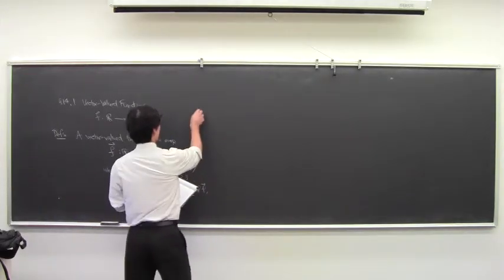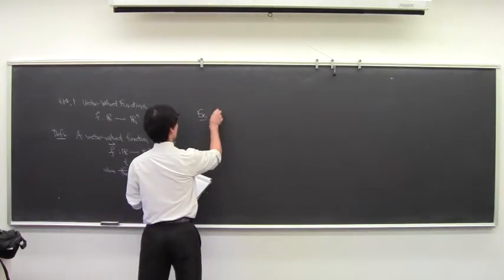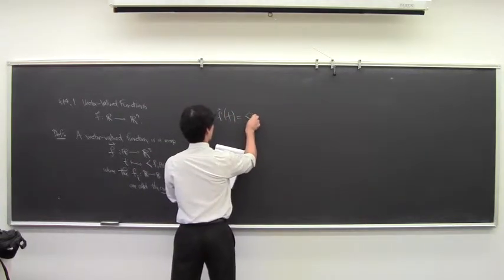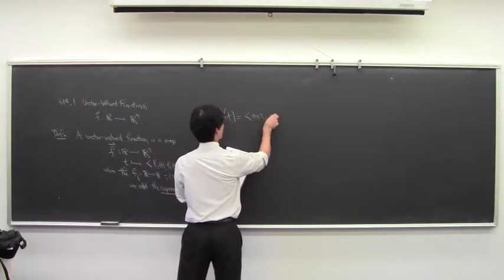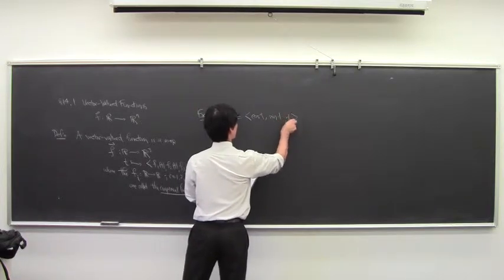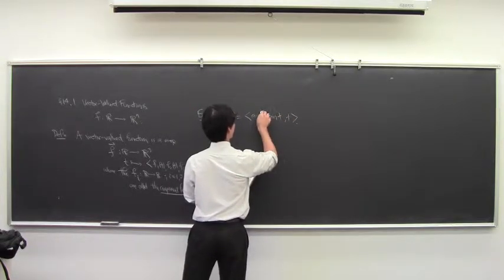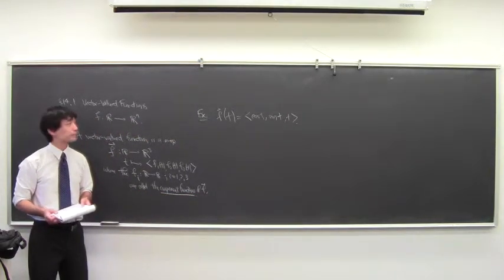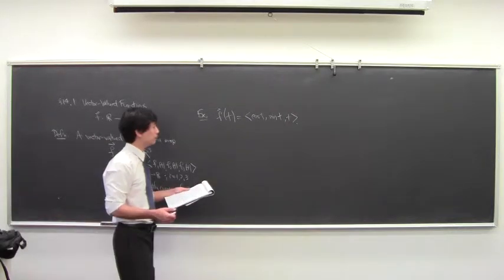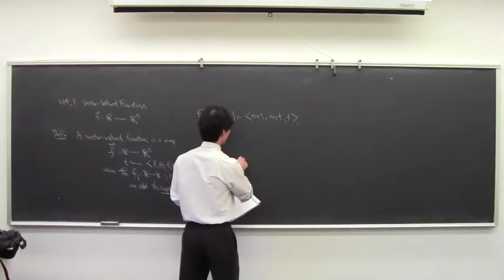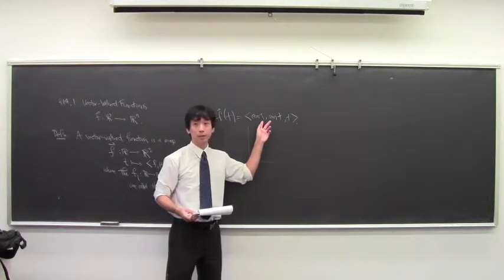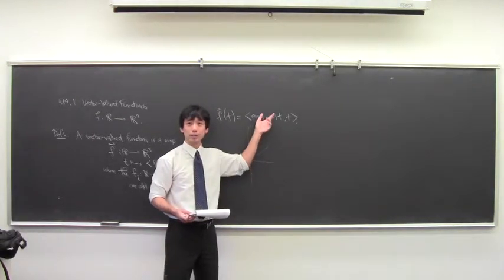Okay, so let me make this concrete. For example, you could have this guy here: f(t) is (cos t, sin t, t). So at time 0, that thing is going to be at (1, 0, 0).